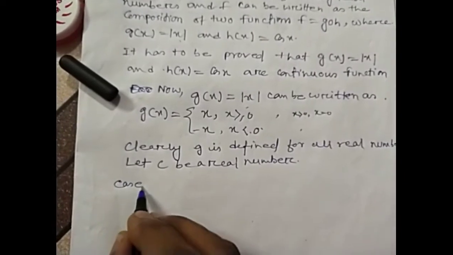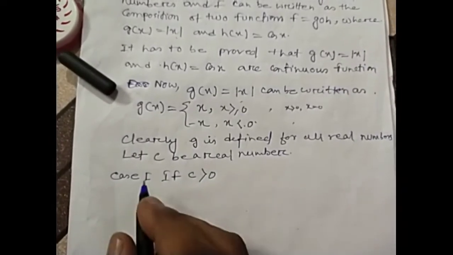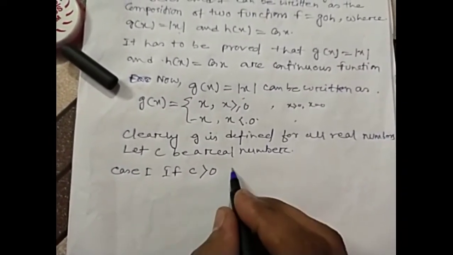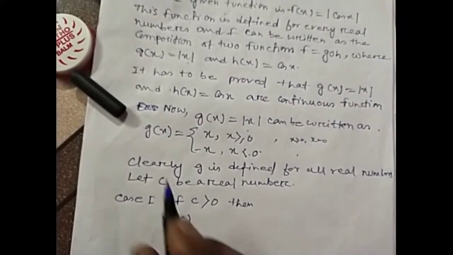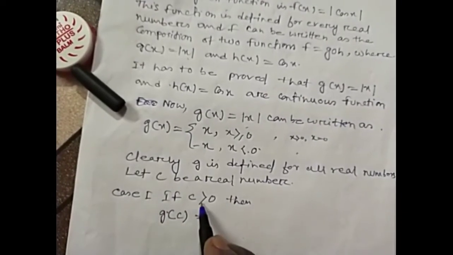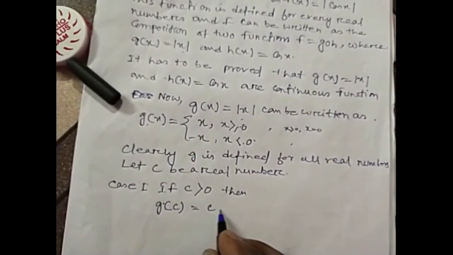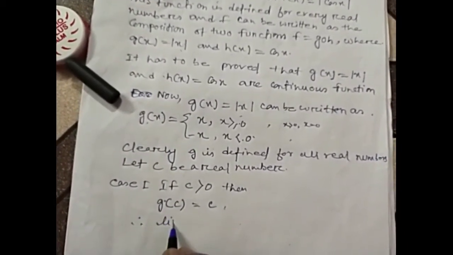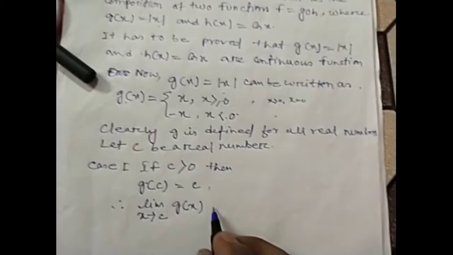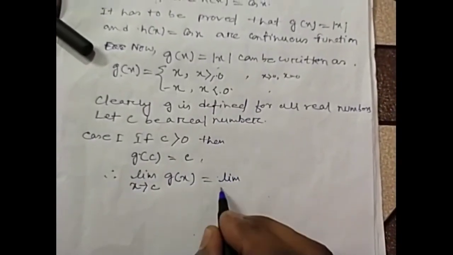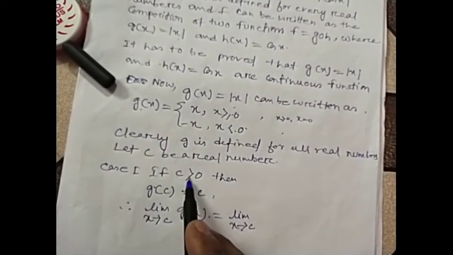The first case, case 1: if c greater than 0, then g of c, since c is greater than 0, the function will be the first one, so g of c equal c. Therefore, limit x tends to c of g of x is equal to limit x tends to c of x, because c greater than 0 means the first one.